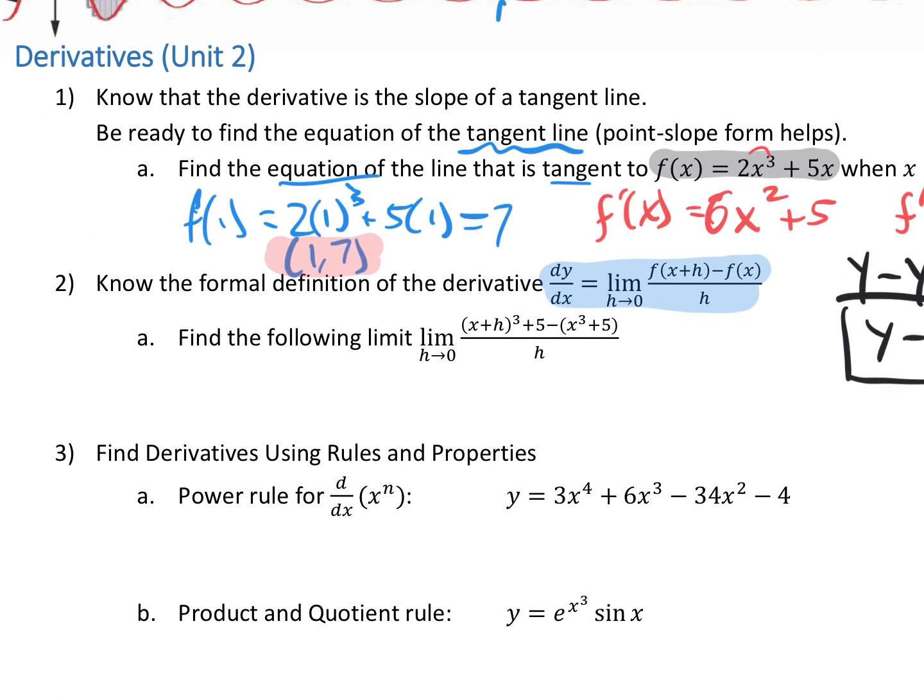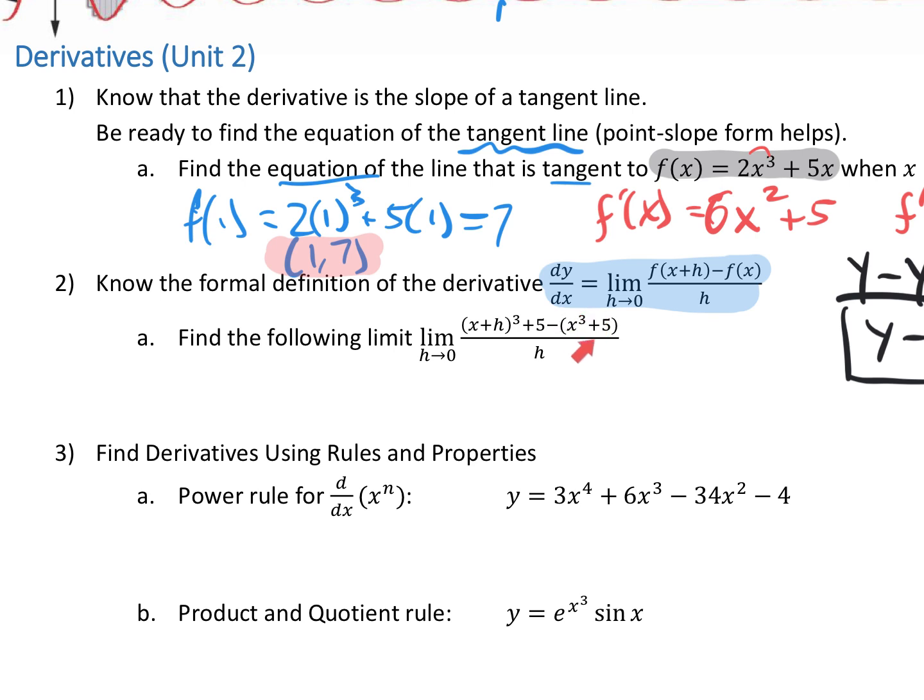Now, as we see a limit here, if you see an h, you might be suspicious. There's an h in here. It might just be a limit of a derivative here. So, got to ask yourself, is this in this form? Well, be careful. It might not look like it, but I see this cubed, I see this 5, and I see it repeating here.